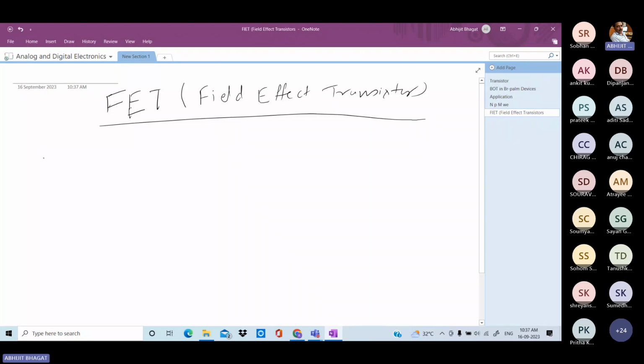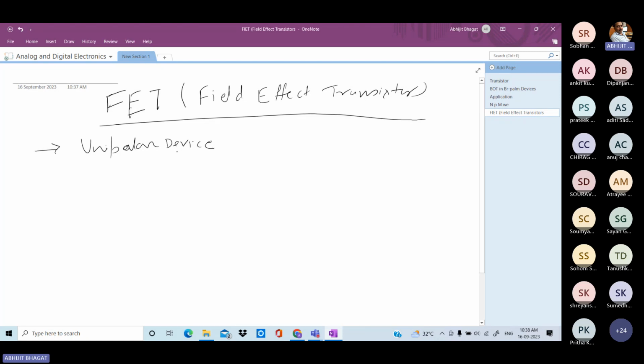Your BJT is a bipolar device and this FET is a unipolar device. Why is BJT bipolar? Because in case of BJT, current is flowing due to both types of charge carrier, electron and hole. So that one is bipolar.